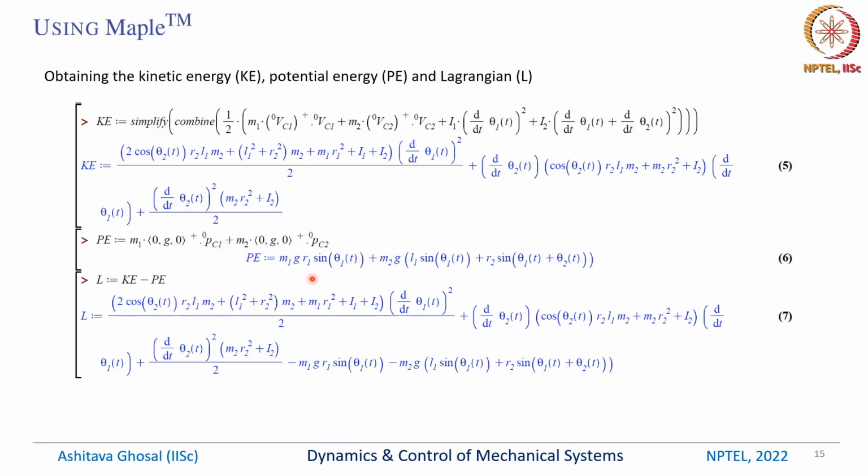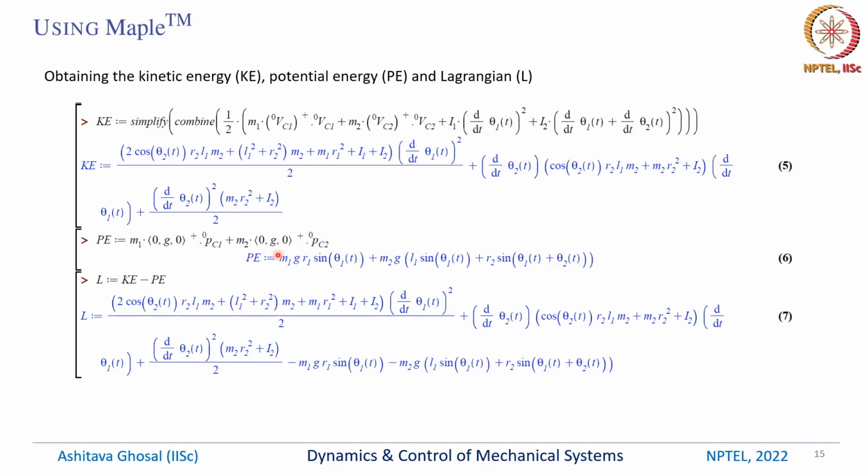So we will get m1 g r sine theta and m2 g l1 sine theta 1 plus r2 sine theta 1 plus theta 2, because the second cg is after the end of the first link, which is L1 C1 and L1 S1, and then you have this R2. You go along the second link by a distance R2.